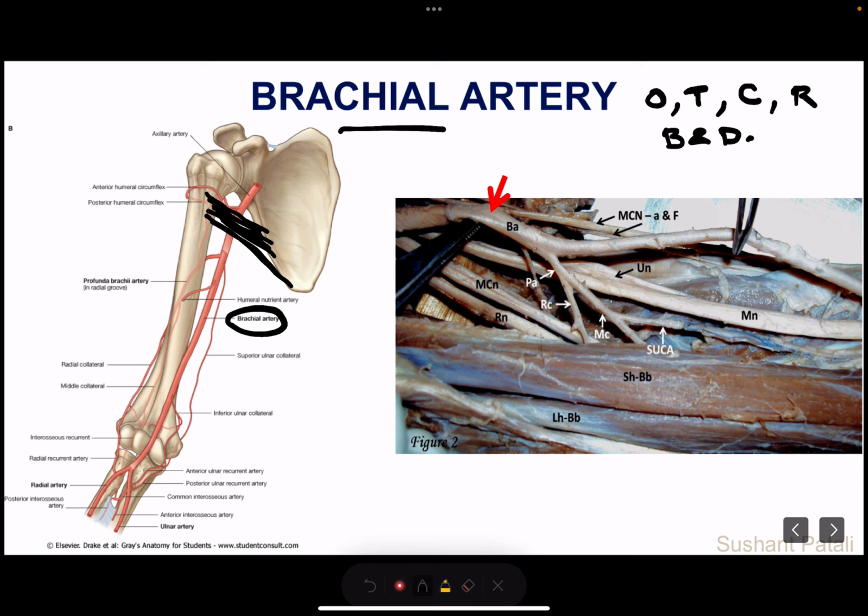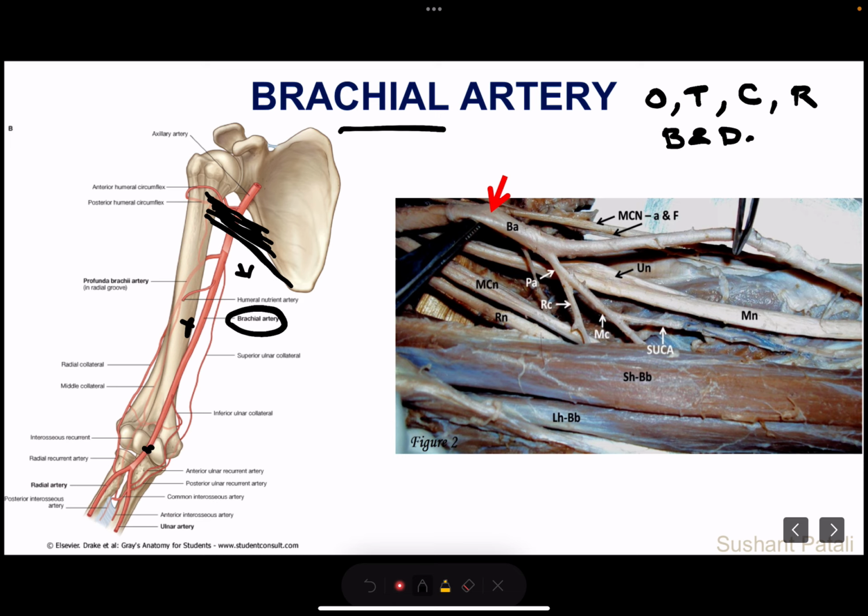When it reaches the cubital fossa, you can see it lies anterior to the humerus, whereas in the upper part it lies medial to the humerus. It slowly crosses from medial to the front of the bone. It happens somewhere in the middle of the shaft. That's where it is going to cross. All right, so in the cubital fossa, the brachial artery ends by dividing into radial and ulnar arteries.